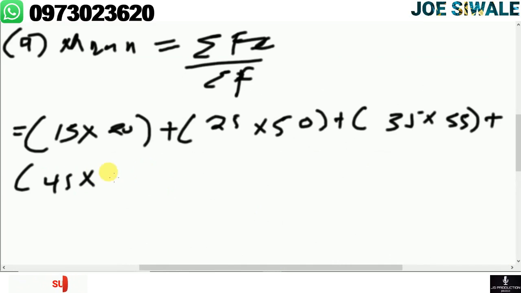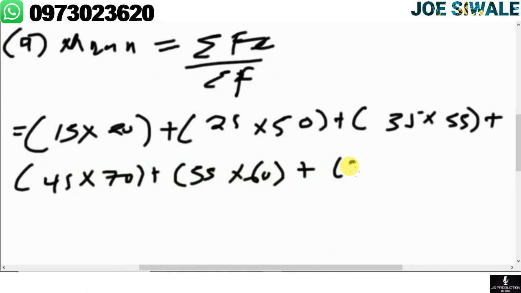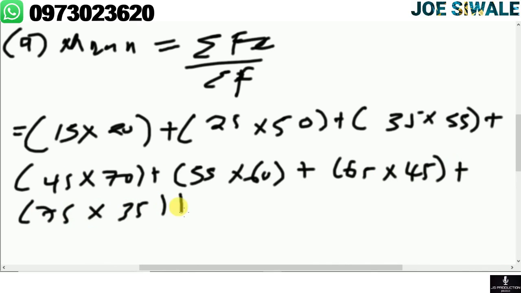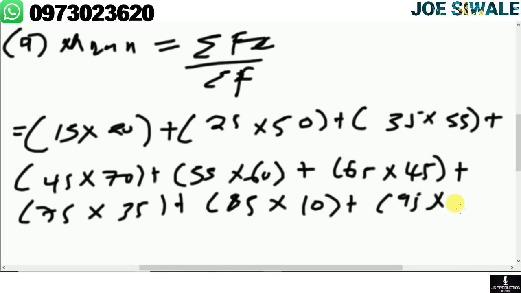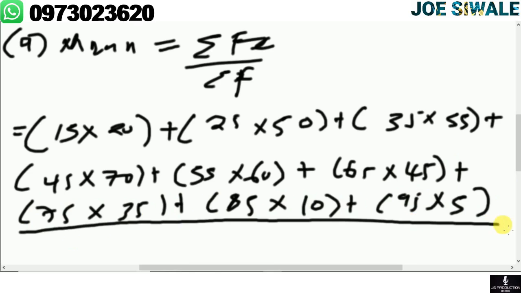So multiplied by 70, then plus we also have 55 multiplied by 60, plus 65 multiplied by 45, plus 75 multiplied by 35, plus 85 multiplied by 10, plus 95 multiplied by 5. So divide by the summation of f.